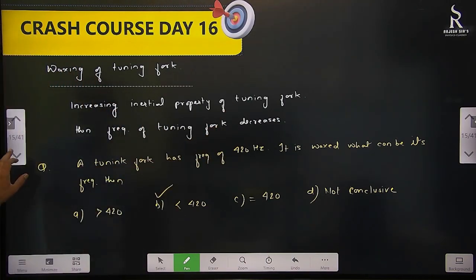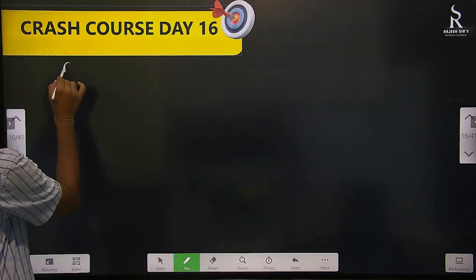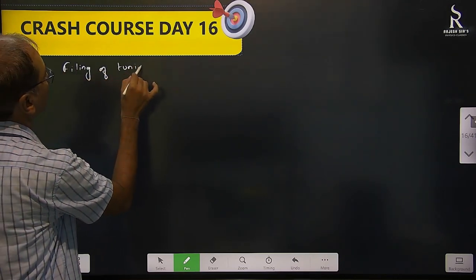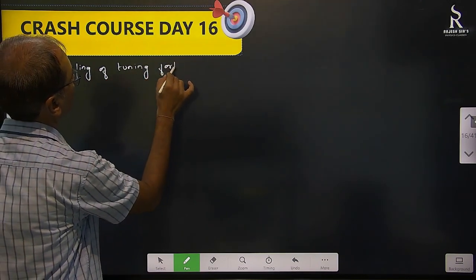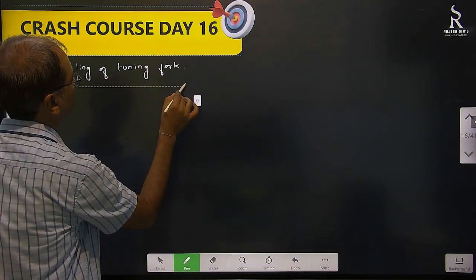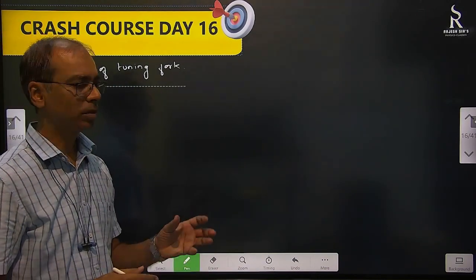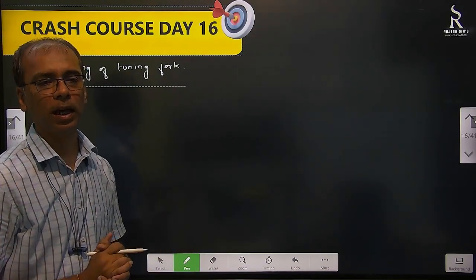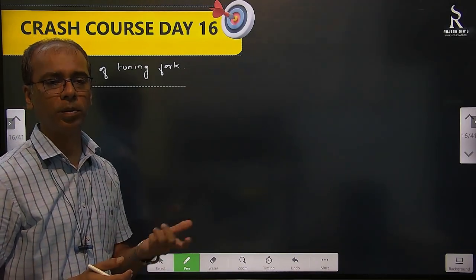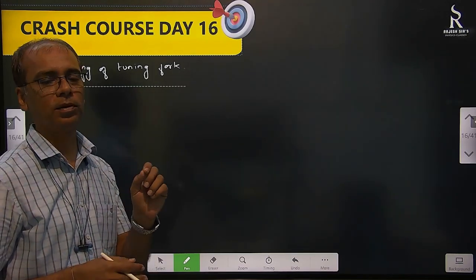Okay, there is another process. Another process is filing of a tuning fork. Now, filing means making it smooth. When you are doing the experiment in the lab, certain particles will stick to the tuning fork, some unwanted particles, dust particles, sand particles, or maybe chips of iron.